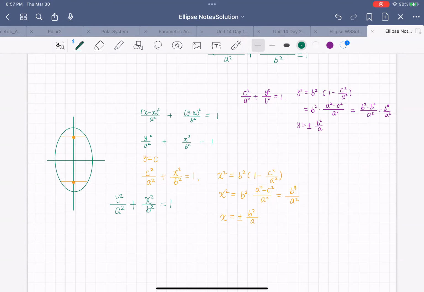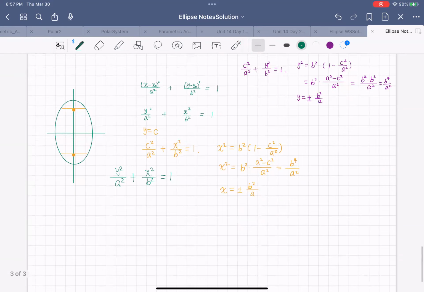This is the scenario for the vertical direction ellipse. If you don't want the center to be at 0, 0, then you do (y minus y0) squared over a squared plus (x minus x0) squared over b squared equals 1.